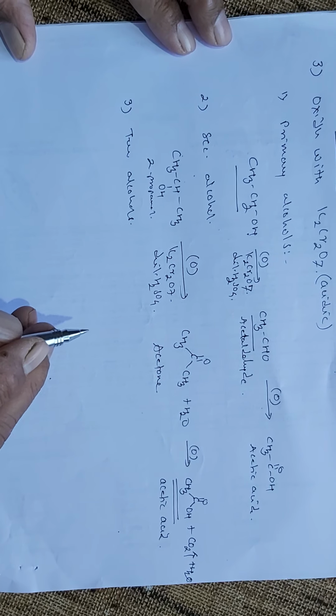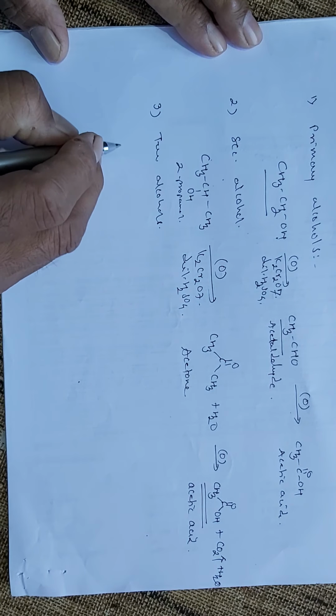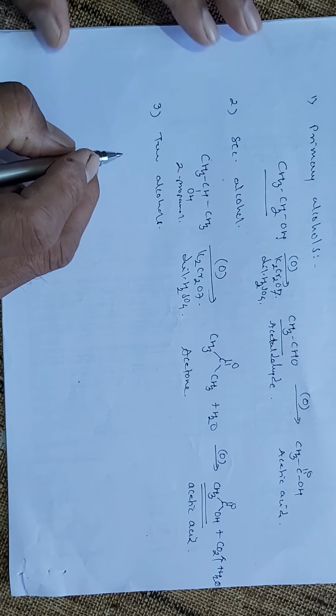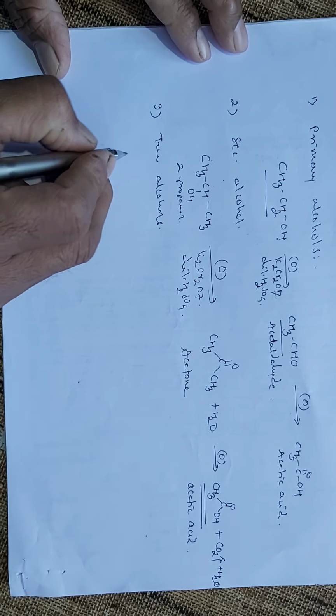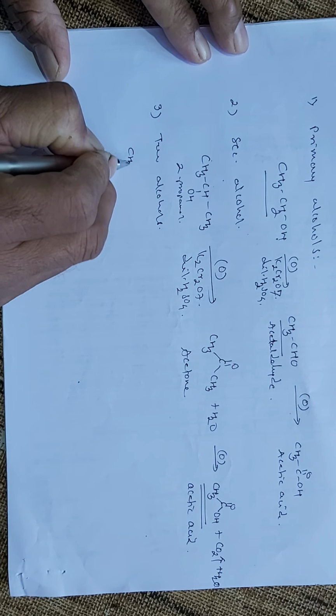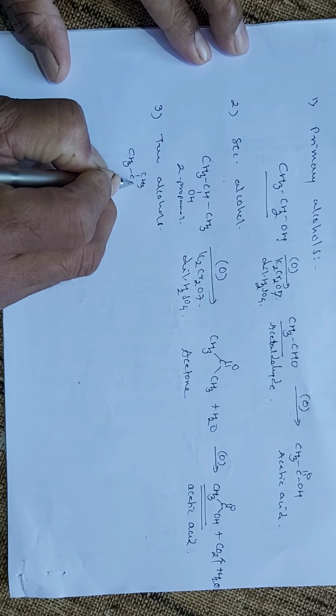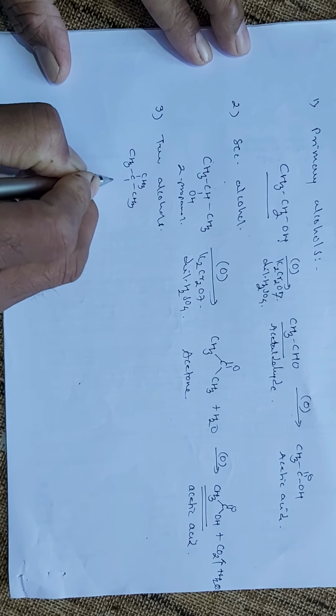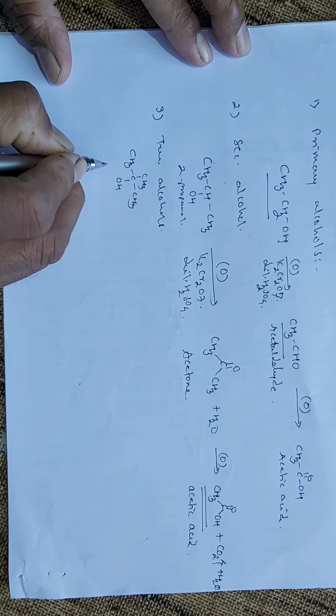Now in the same way, if we treat the tertiary alcohols with K2Cr2O7, we get the ketone as a product.